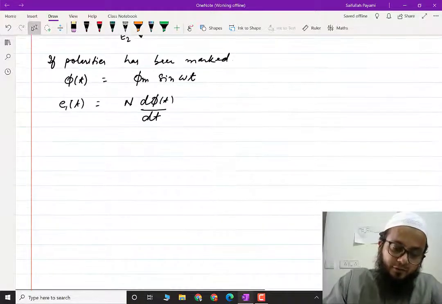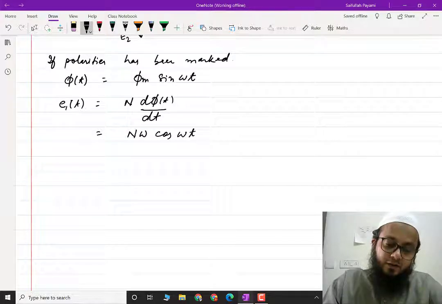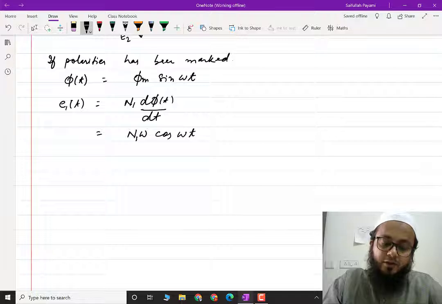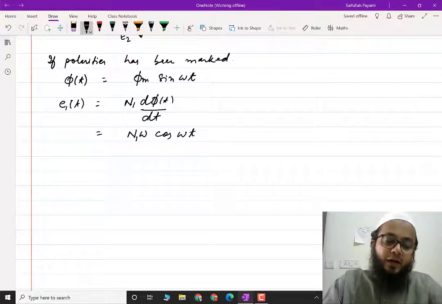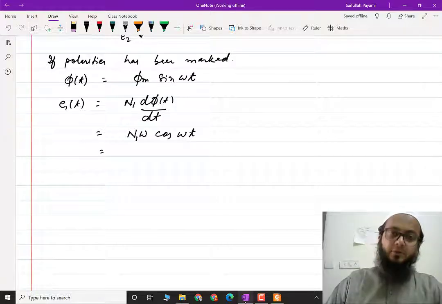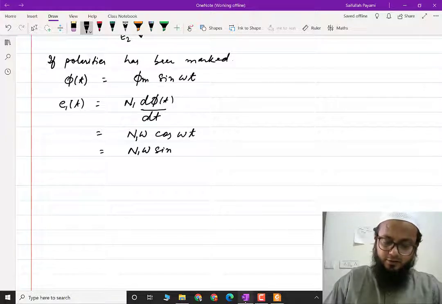This would be equal to N omega phi m cos omega t. This is N1 omega phi m cos omega t. Because I've already marked the polarity, I'm not considering the negative sign here. So this is equal to N1 omega phi m sine of omega t plus 90.